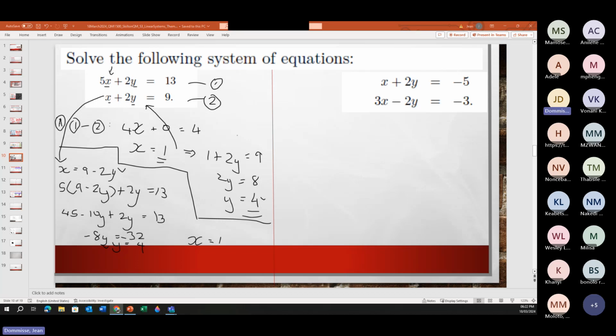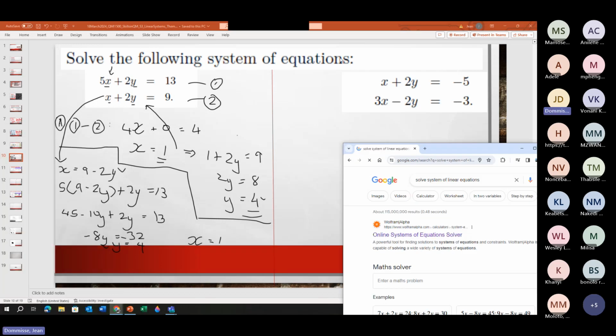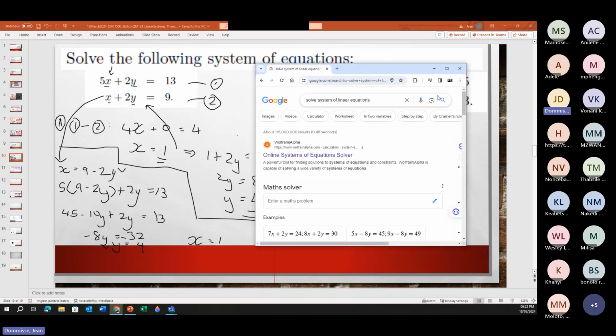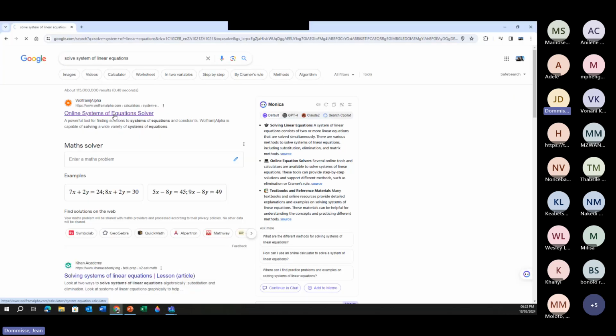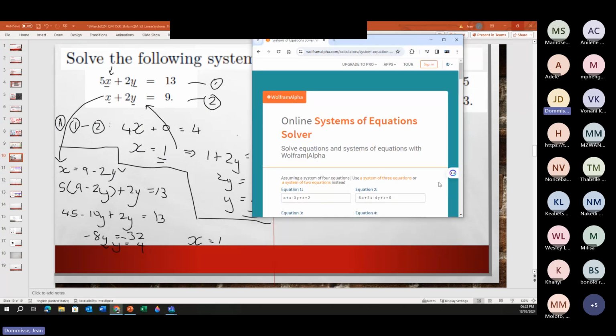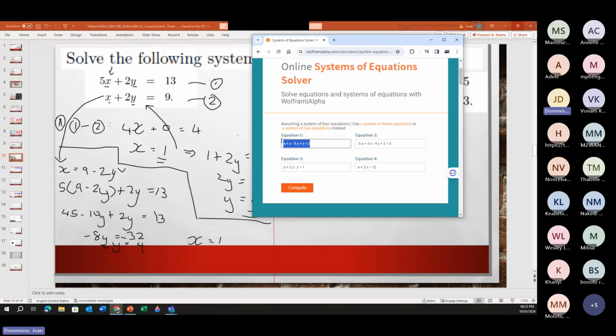I know with some of the other subjects, we're not sure if you are allowed to use online tools in the exam, but there's really a nice online equation solver that you can put the same things in. I'll share the link in the chat as well.